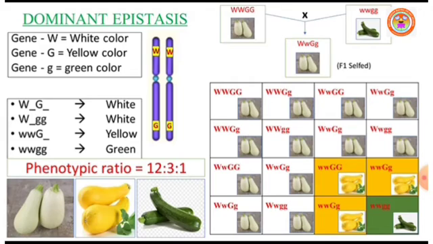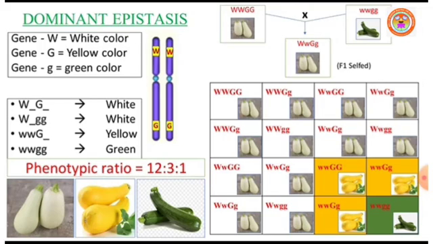So in the first locus, white is dominant to the color, whereas in the second locus, yellow is dominant to green. When a white fruit with the genotype W, small g is crossed with a yellow fruit of small w with capital G, what will the fruit color of all the F1 generation be? In the heterozygous F1 generation, the fruit color will be white.